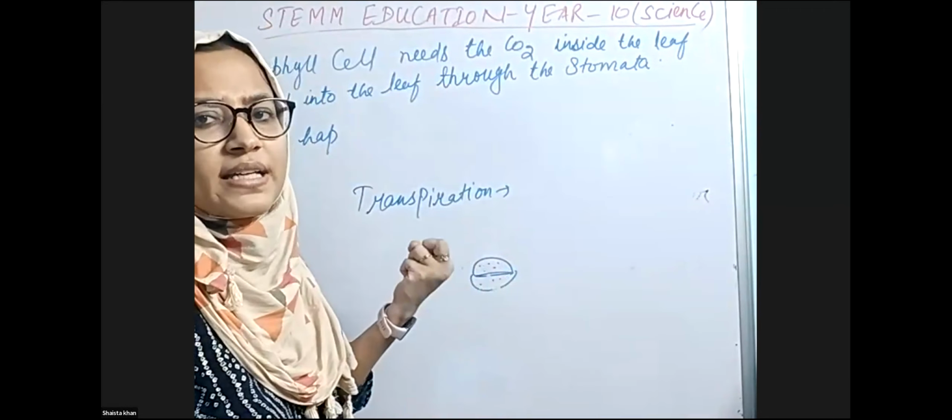And how does carbon dioxide spread in the leaves, how does it go inside the stomata through the process of diffusion? Do you know the process of diffusion?